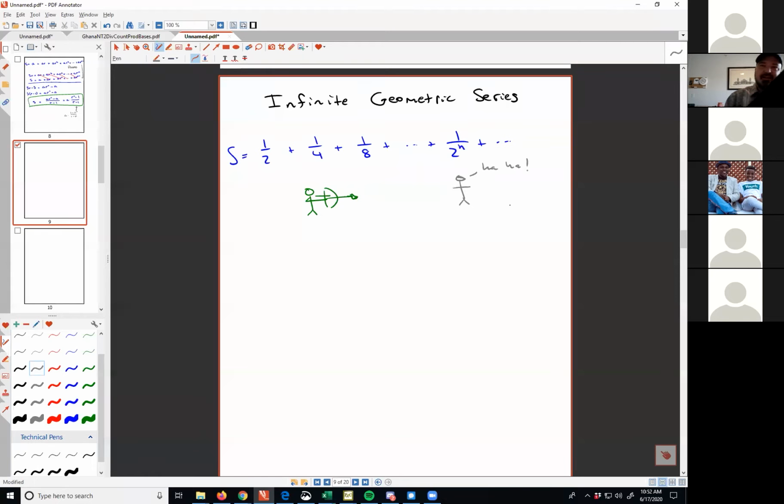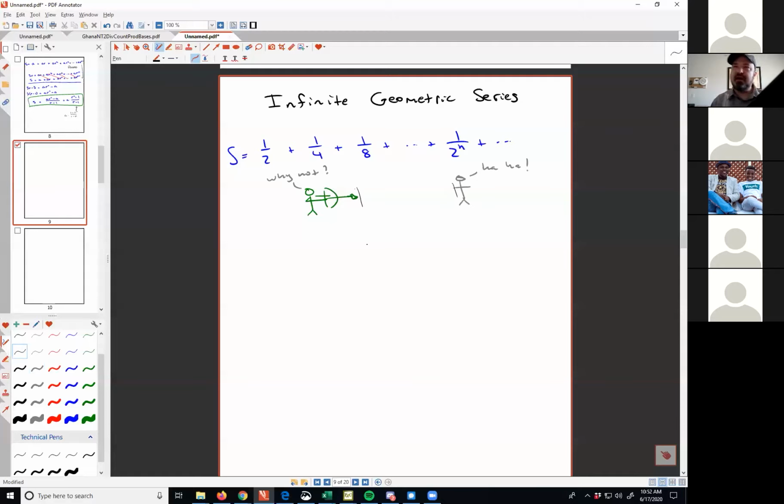And Non-Gnarly says, why not? And the claim that David makes is that the arrow is never going to reach him. It can't reach him because there is some distance that it must travel between the two of them.